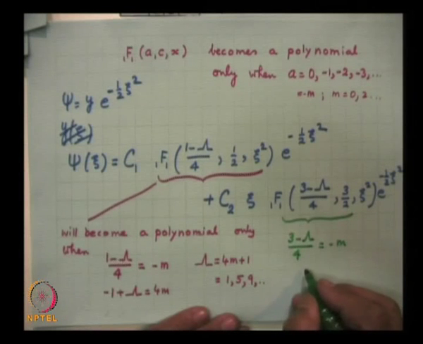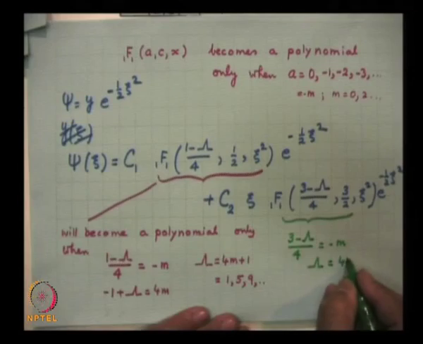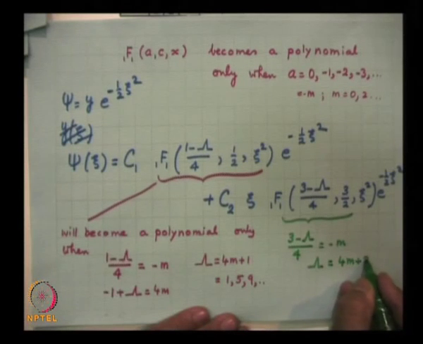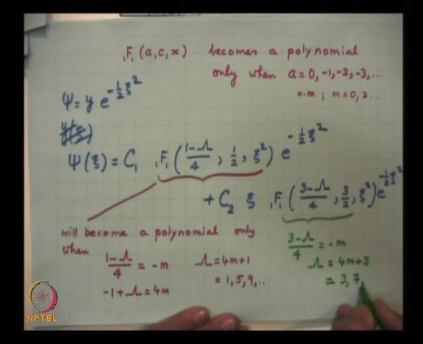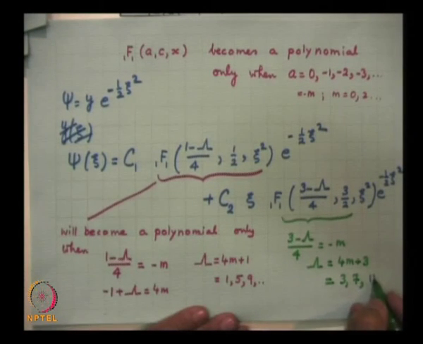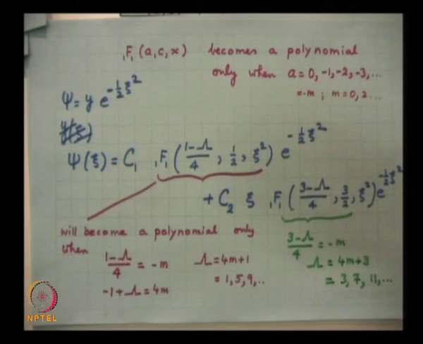So, you simplify that and you will get lambda is equal to 4m plus 3. So, this will be, for m equal to 0, 3, 7, 11, etc. These are the eigenvalues of the problem.